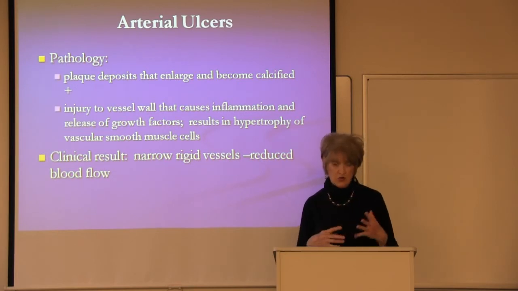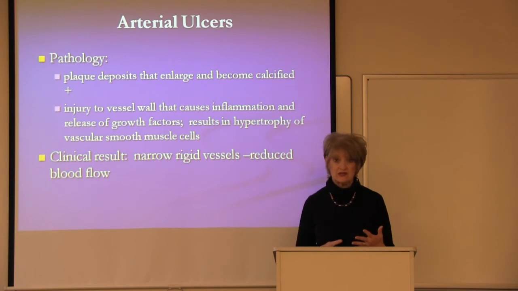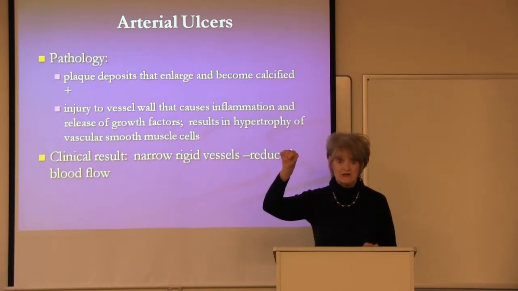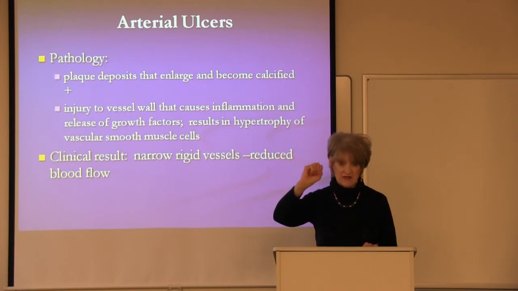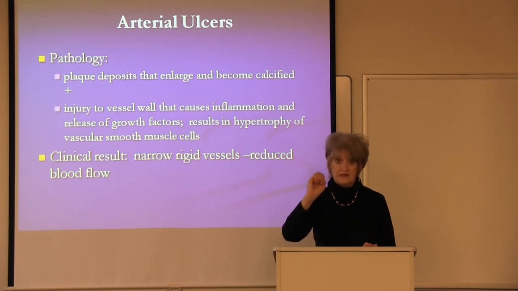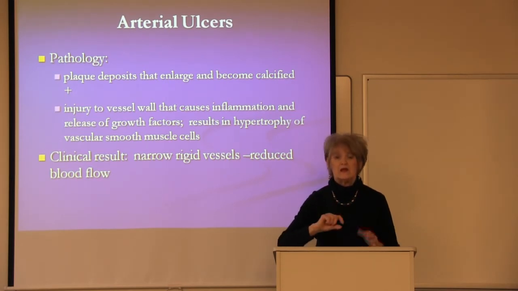So to summarize, what's going on with lower extremity arterial disease? Plaque formation. The plaque narrows the vessel lumen. The plaques become progressively calcified, which makes the vessel wall stiff and less able to dilate when needed. At the same time, damage to the endothelial lining causes overproduction of the vascular smooth muscle cells that further thickens the vessel wall.